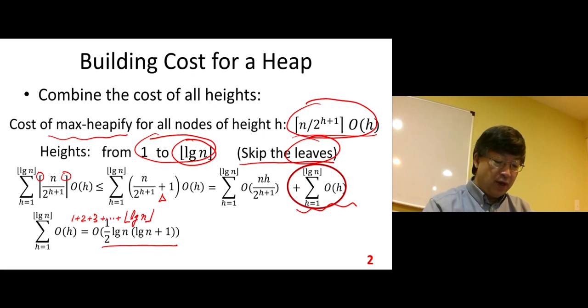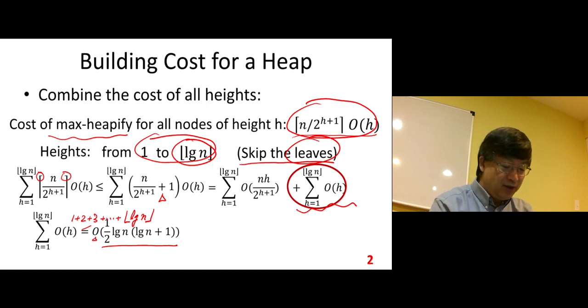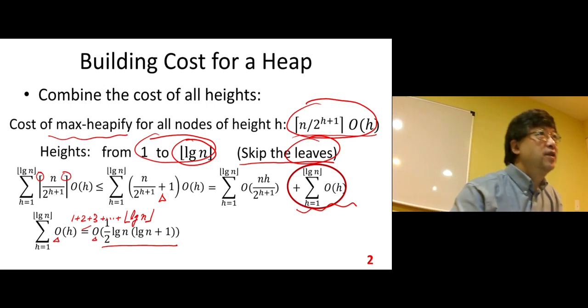Actually, you can use less than or equal to, because big O is not that precise. This big O notation we just put there for convenience.